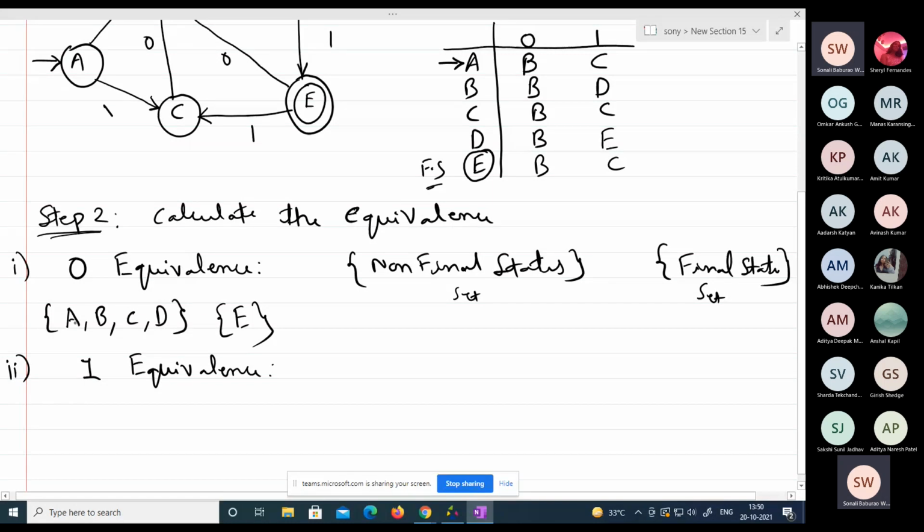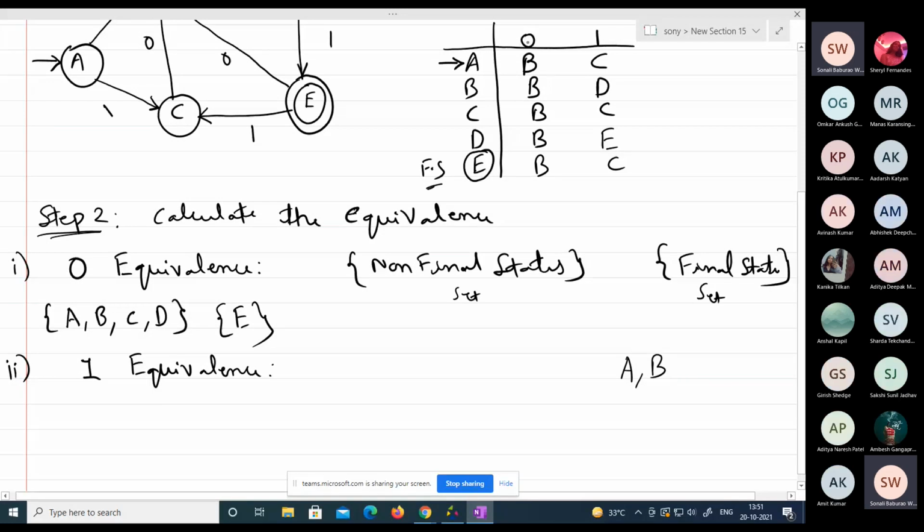So there are four states A, B, C, D. Initially I will check for A, B, then I can check A, C, then A, D, and like this we can do. So if I'm checking for A, B, now you see in the state transition table, A on 0 gives me what?